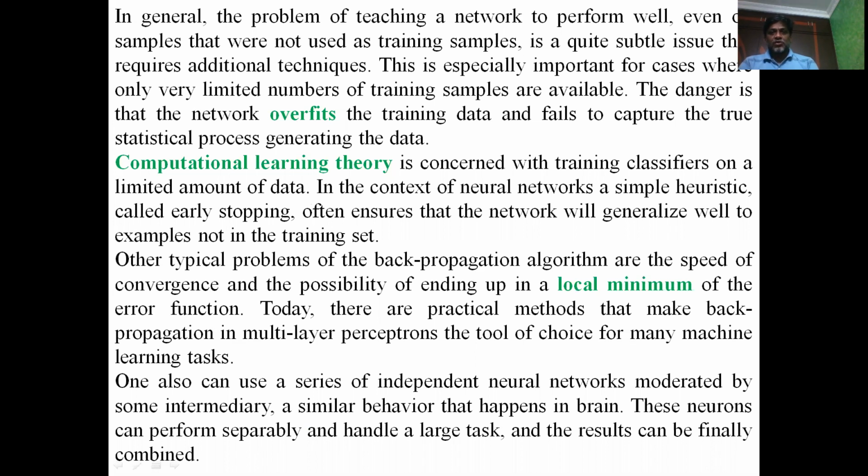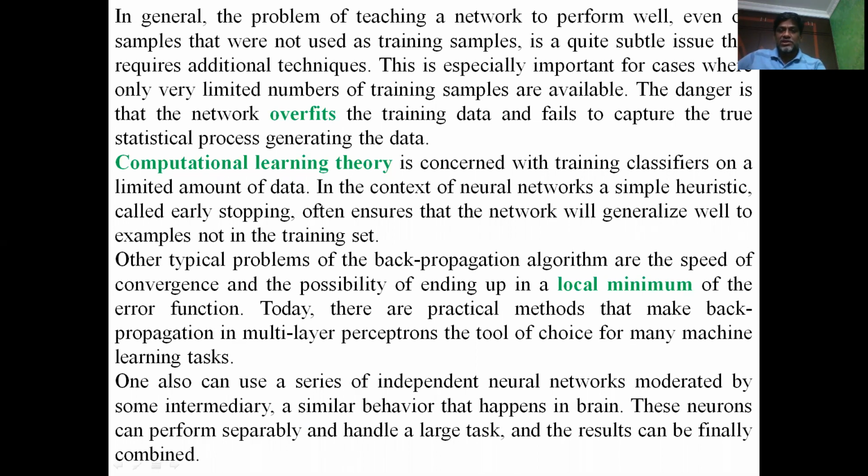This overfitting problem can be reduced by using a special theory called computational learning theory, in which training classifiers on a limited amount of data is particularly considered. Computational learning theory helps us properly train the feed-forward network when the number of samples is very small.